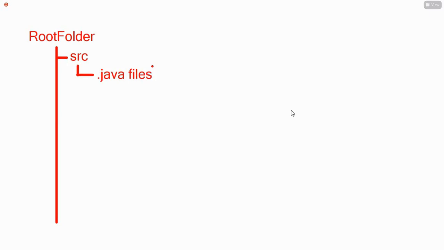So, one folder you have to create, and that folder name, whatever you want, you can write, but I gave root folder. That is called project root folder. But in that, SRC should be SRC only. In that, all .java files. Your project may contain hundreds of programs. Those all .java programs you have to place in the SRC folder.